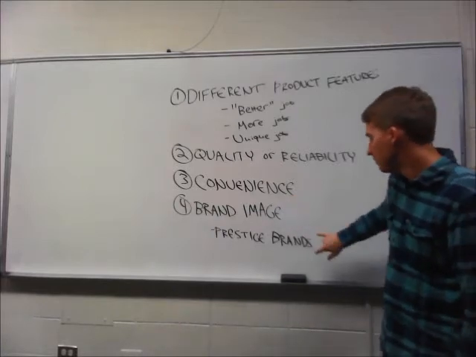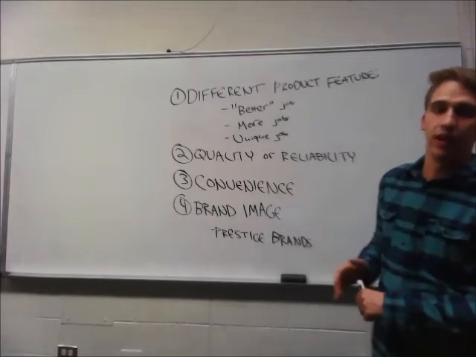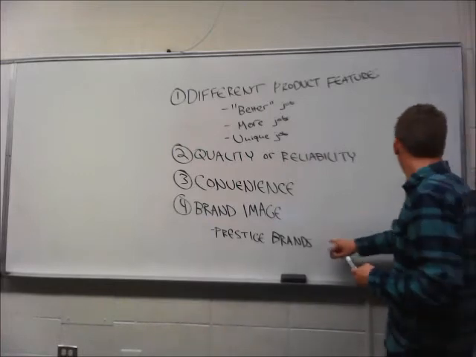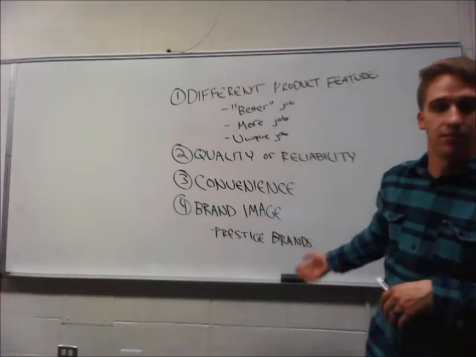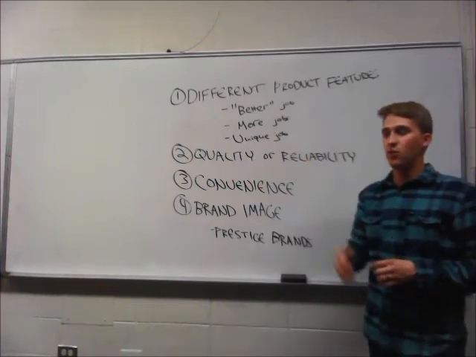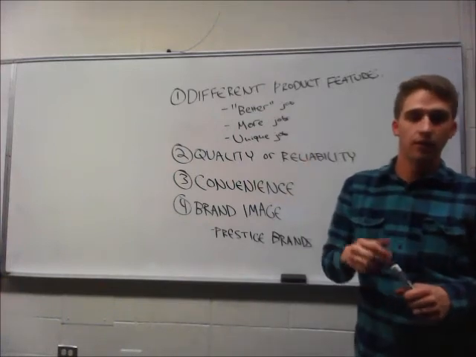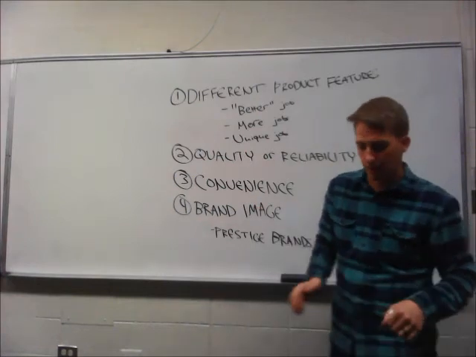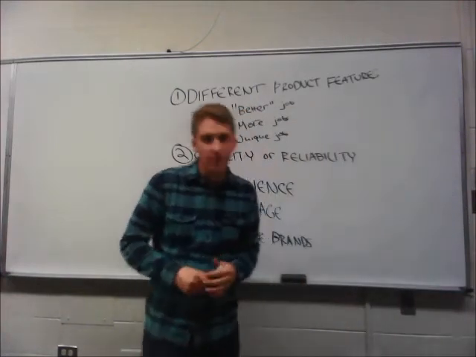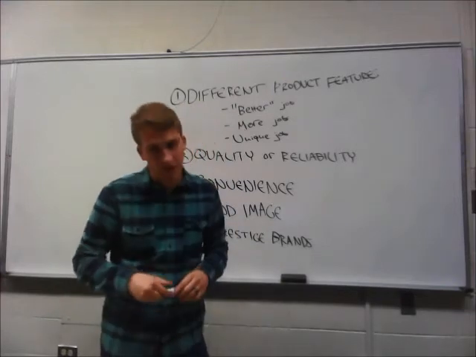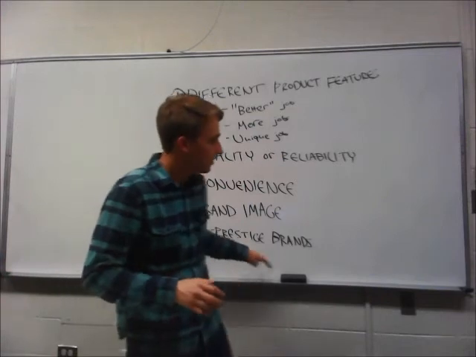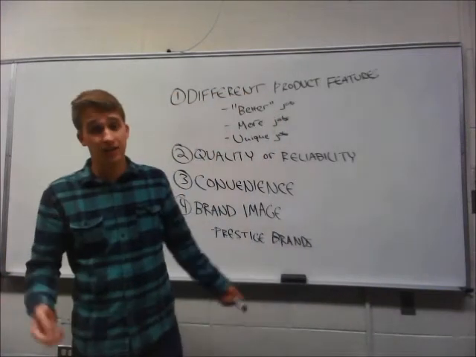Things that you're familiar with, you trust more. Prestige brands are a little different. Prestige brands operate on the principle that when you see somebody with a Ferrari, that product has certain implications, or maybe not implications, but it's associated with certain qualities. Actually, I guess it works the other way as well.